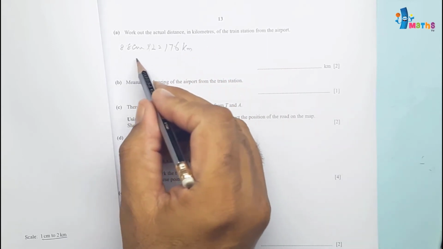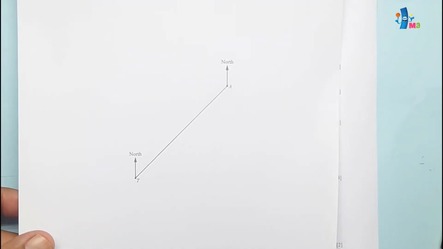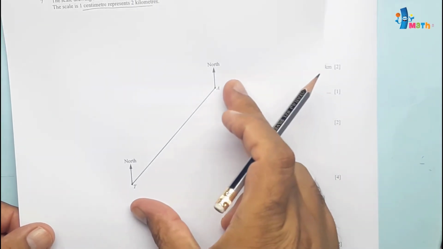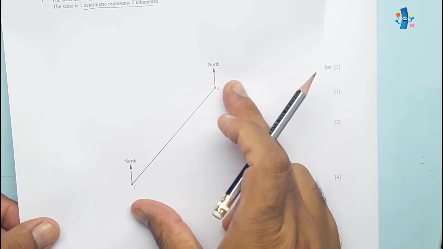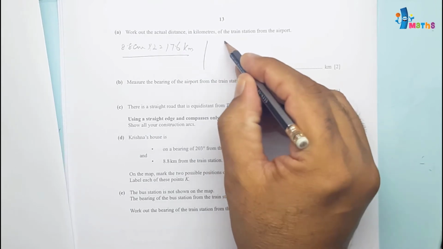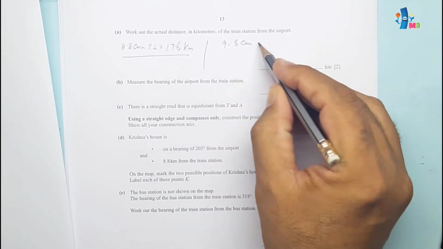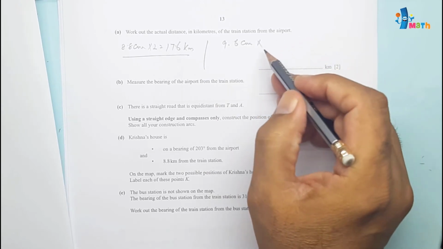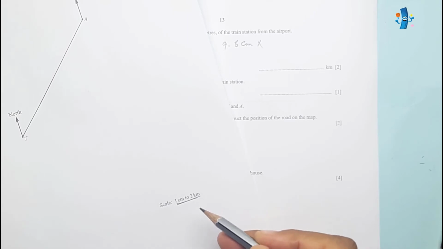This is the measurement which we have, but in the marking scheme, in the actual exam paper, this measurement was 9.6. So I'm writing the calculation of the marking scheme also. 9.6 centimeters multiplied by the scale, 1 centimeter is to 2 kilometers.